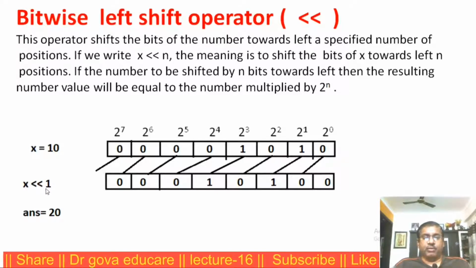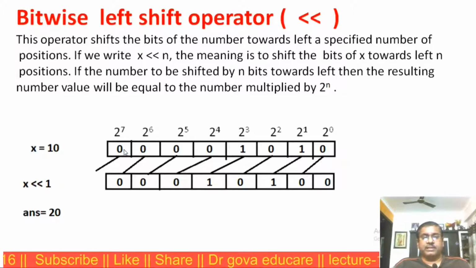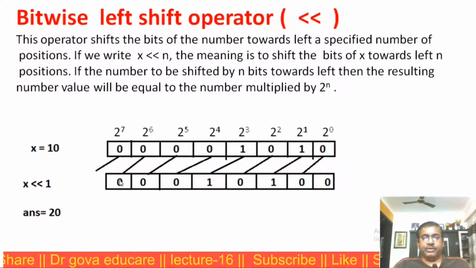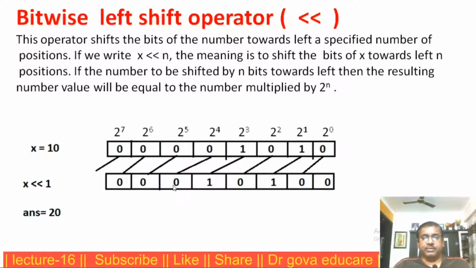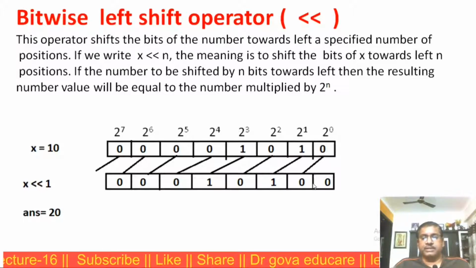After shifting 1 bit, the LSB bit is appended with 0. Each bit shifts into the next place. Now append 0 to the LSB bit.